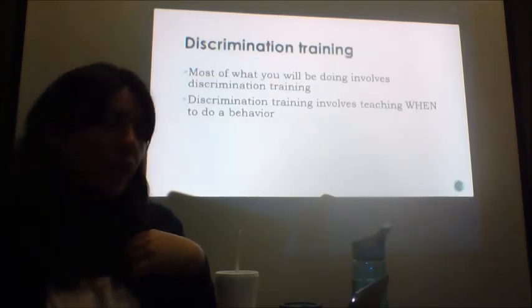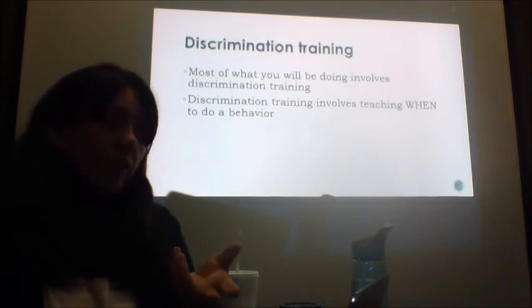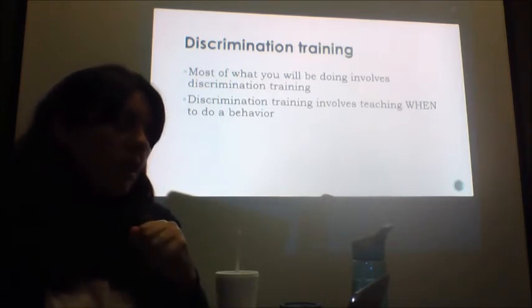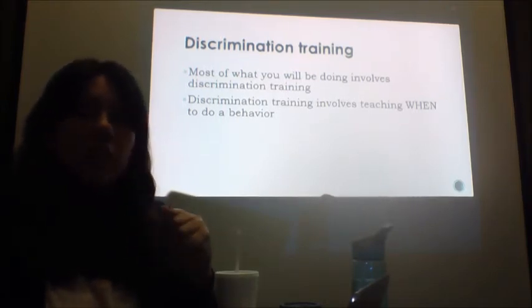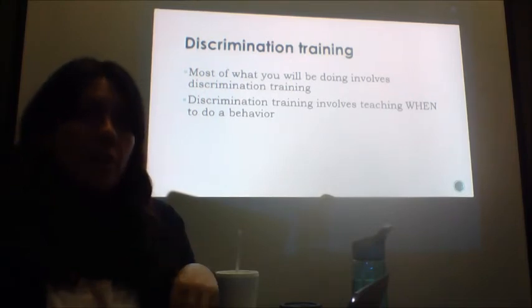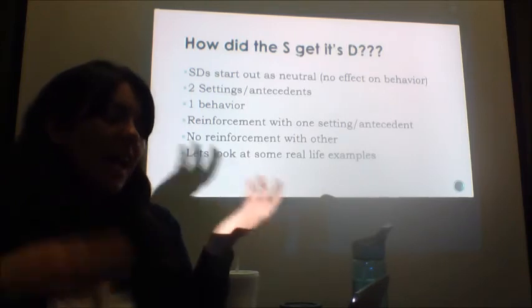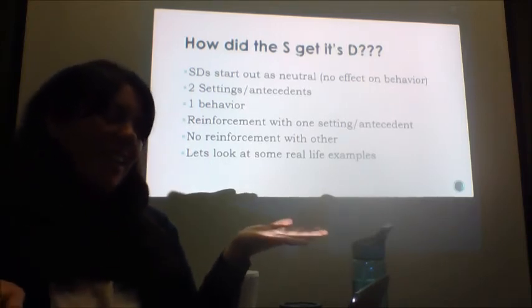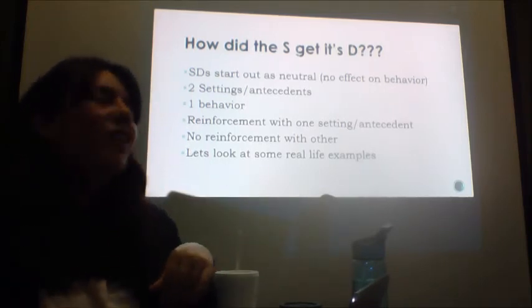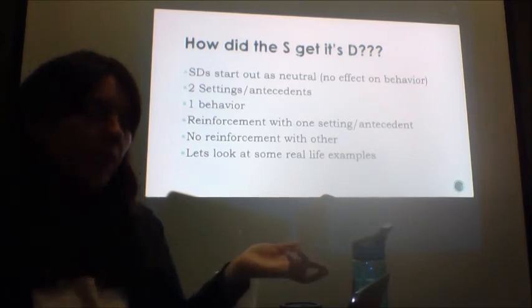So discrimination training, most of what you're going to be doing involves discrimination training. Discrimination training means that you're teaching someone when to do a behavior, not necessarily which behavior to do. So how did the S get its D in an SD? They start out as neutral, which we mentioned before.